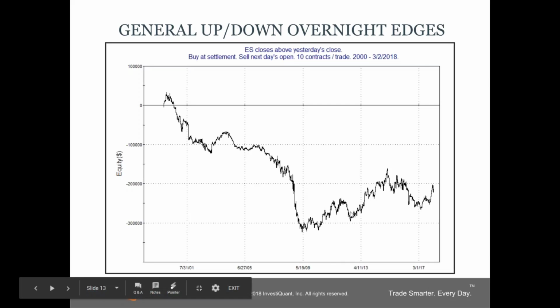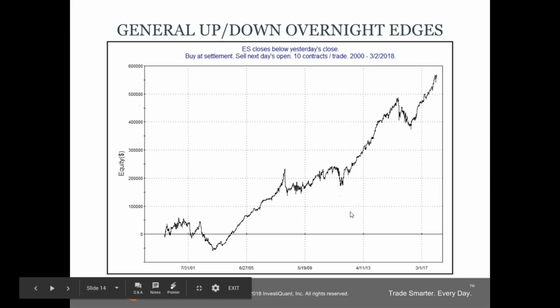All right, so let's look at the opposite now. This is what's happened when ES closes below yesterday's close. Here we're looking to buy the settlement, sell the next day's open, and what we see is there's been a strong upside tendency. So the bottom line with these two tests is the night will often see a reversion of what occurred during the day.